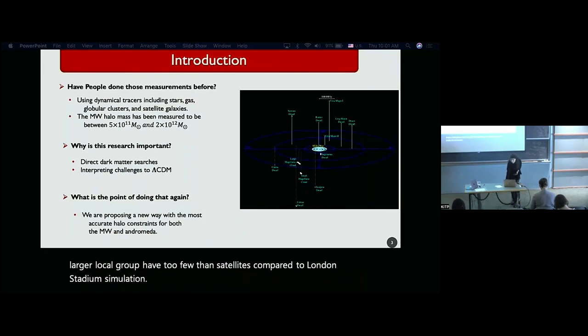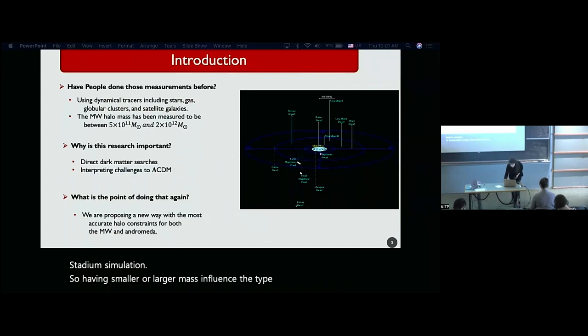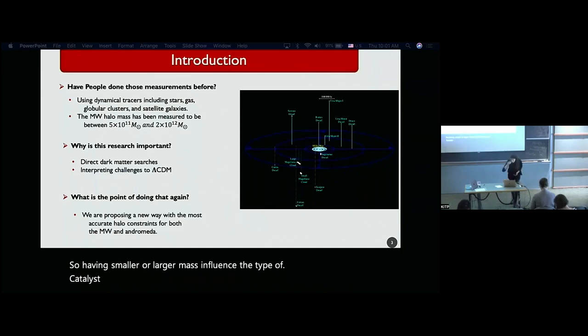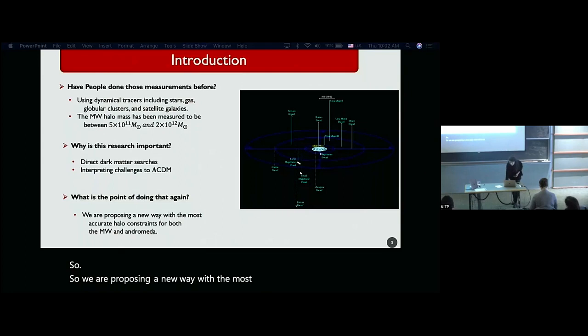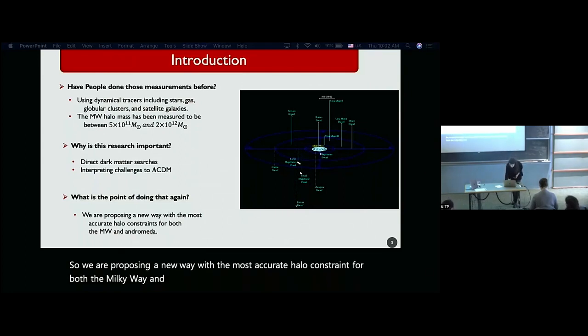So having a smaller or larger mass influences the type of satellites we get. We are proposing a new way with the most accurate halo constraint for both the Milky Way and Andromeda.